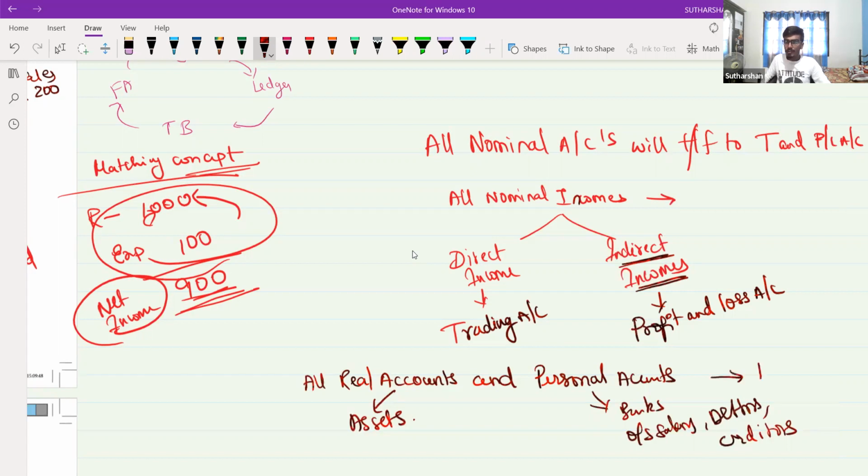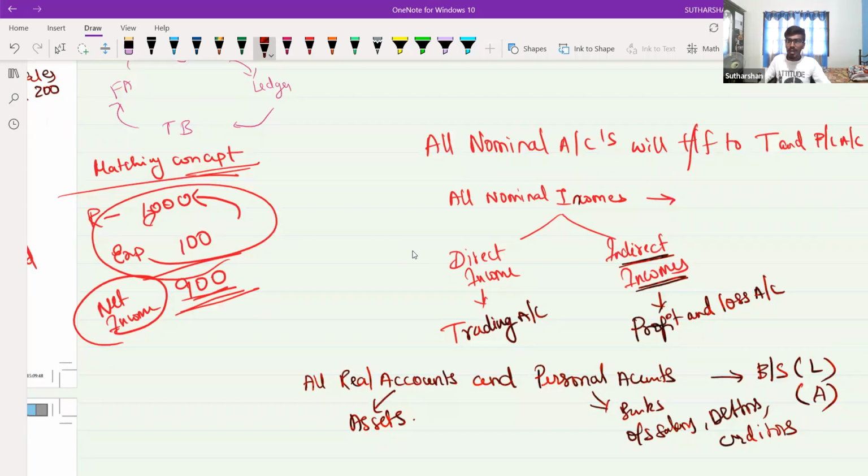This all will be transferred to the balance sheet. If it is an obligation arising, we will transfer it to the liability side. If it is my own asset, I am owning this asset, it means I will transfer it to the asset side. So I need to make a statement.